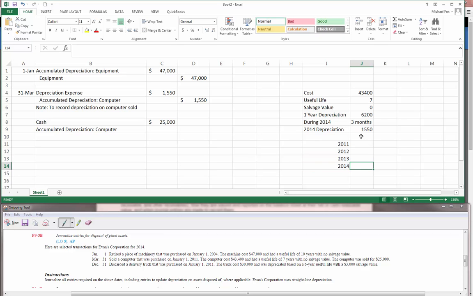Since it was purchased on January 1st of 2011, that means 2011 had a full 12 months worth of depreciation, which we already figured out up here was $6,200. 2012 would have had the same. 2013 would have had the same. And we know that 2014 had $1,550. We know that because we just made the entry for it. So our total accumulated depreciation at the point of sale should be $20,150.